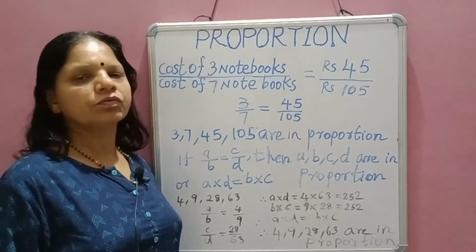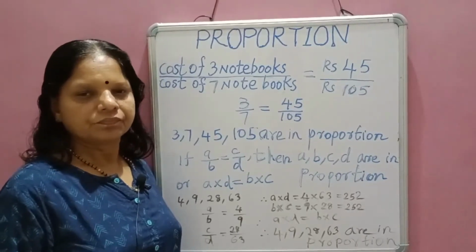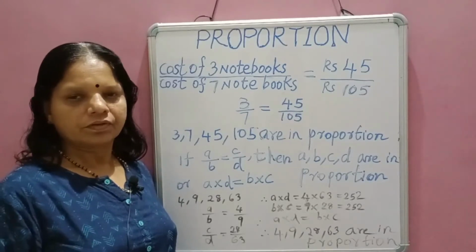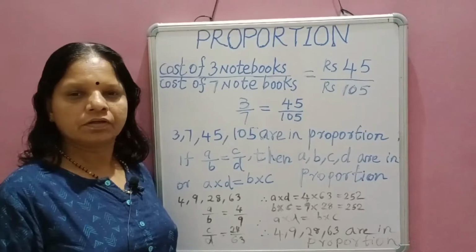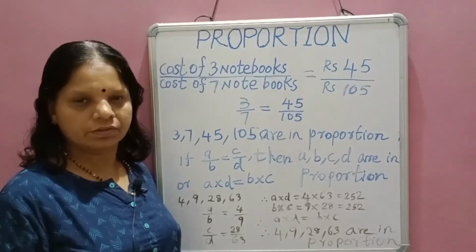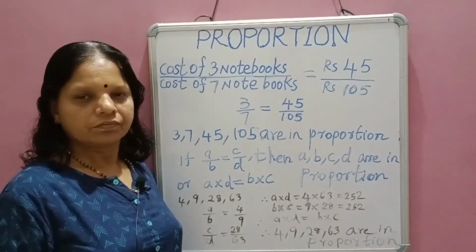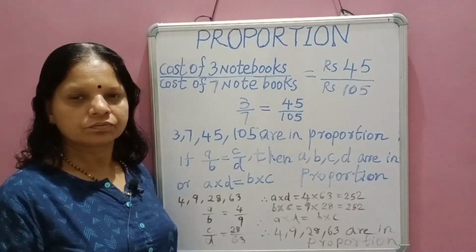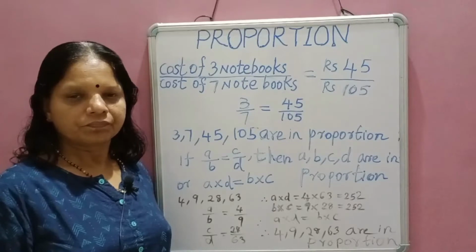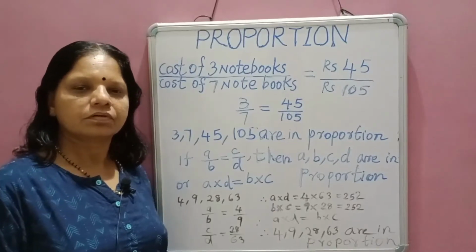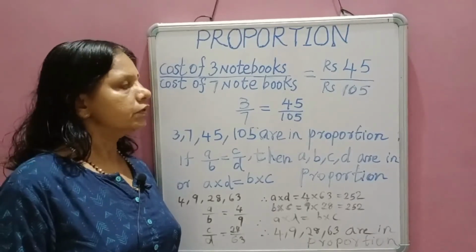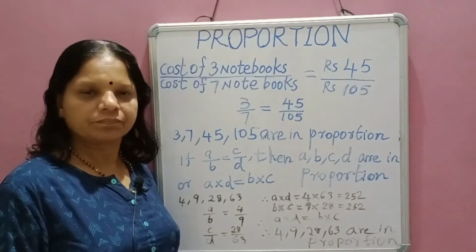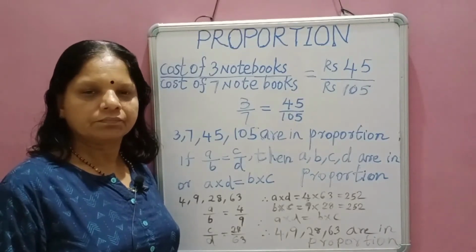In the field of cooking, we'll take the construction of tea. In tea, we will take the ratio of milk and water only. It should be a definite ratio. Clear? Suppose your mother makes 4 cups of tea every day.